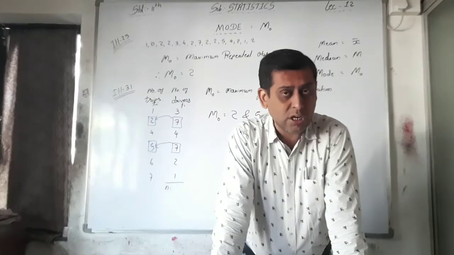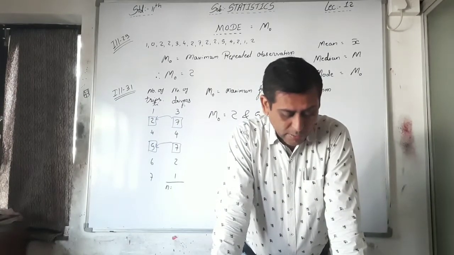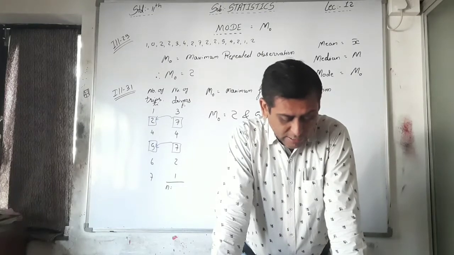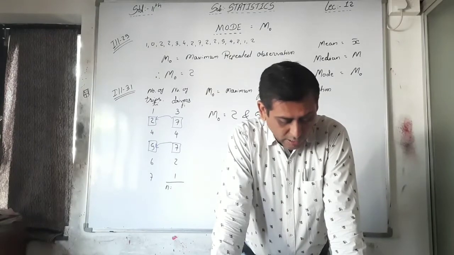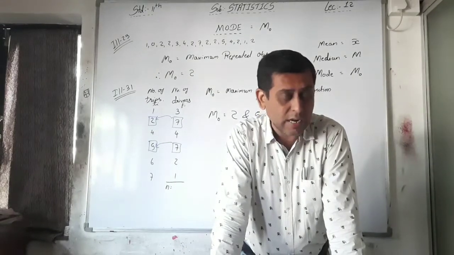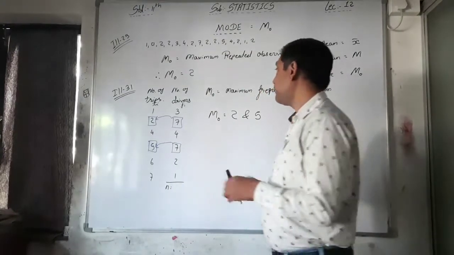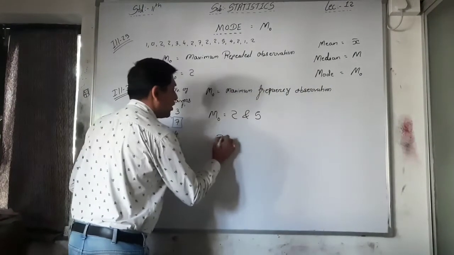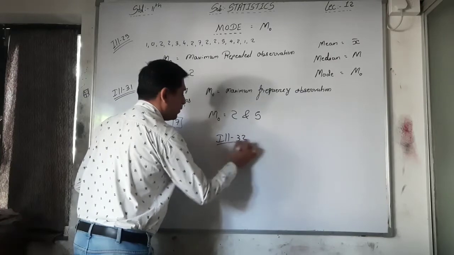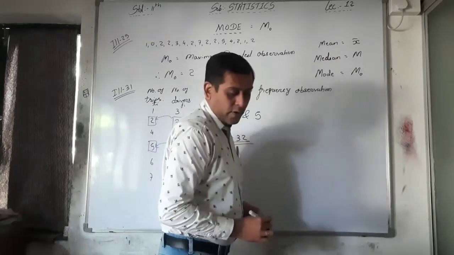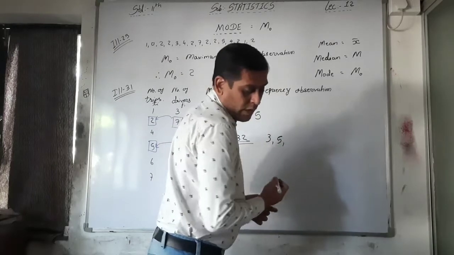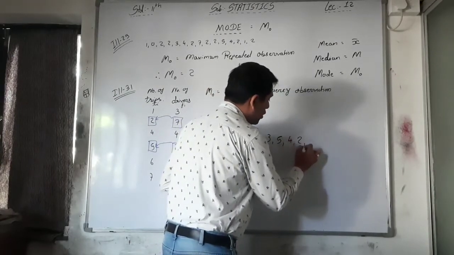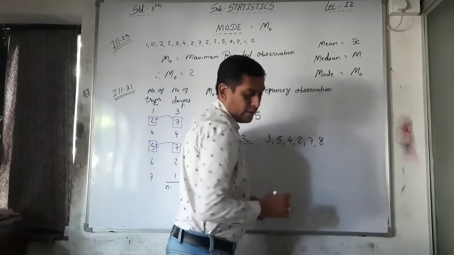Next, illustration 32, I am reading: the number of patients arriving at a clinic each hour during the working hours of a day are recorded as follows. See, the data is given. Here I am writing illustration number 32 because it is very small. See, the data is given: 3, then 5, then 4, then 2, then 7, and then 8.